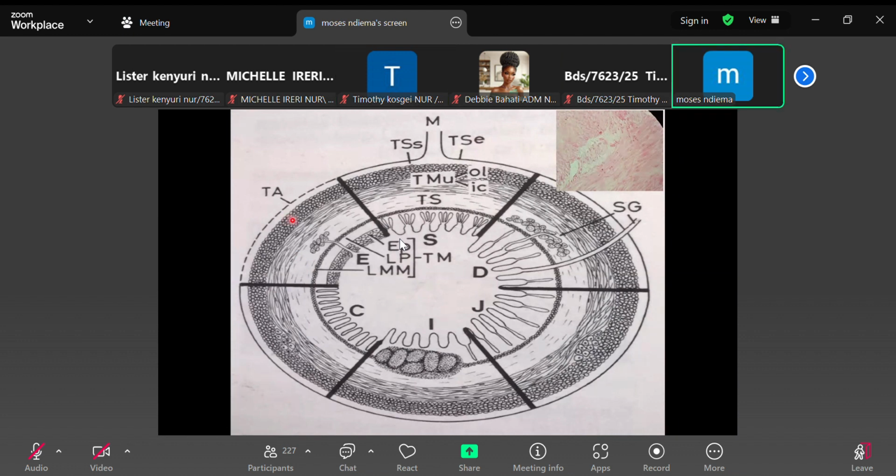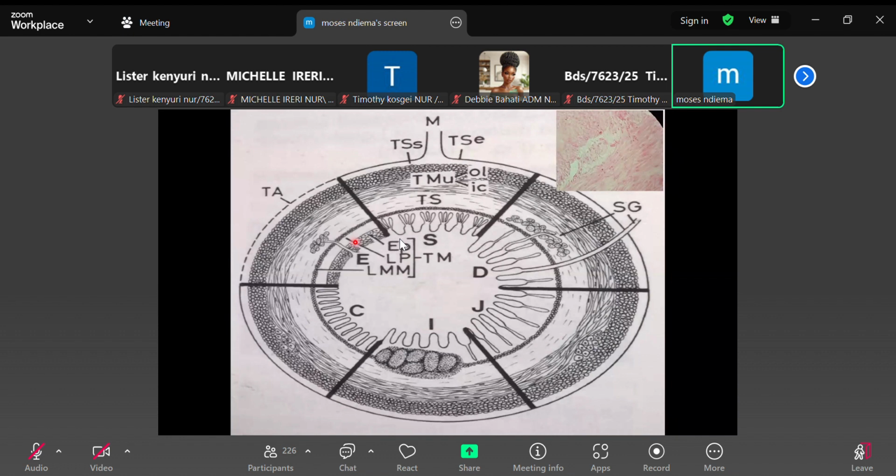I'll just summarize that. We said the esophagus has a mucosa comprising an epithelium that is stratified squamous non-keratinized.